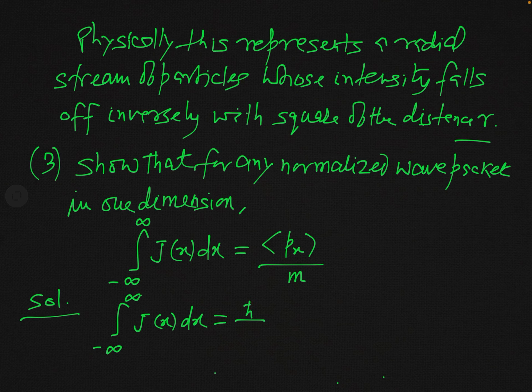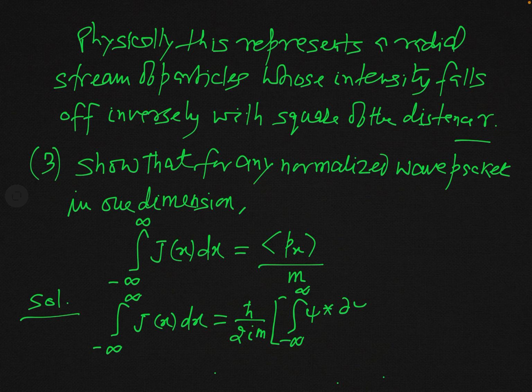What will be this? We know this Jx is equal to what? This is h cross over 2im, and it is a constant factor, so I am taking it outside of the integral. And now there will be integral from minus infinity to plus infinity, and the expression for Jx you can write here.